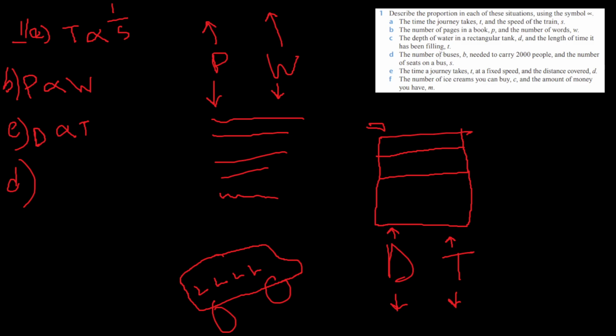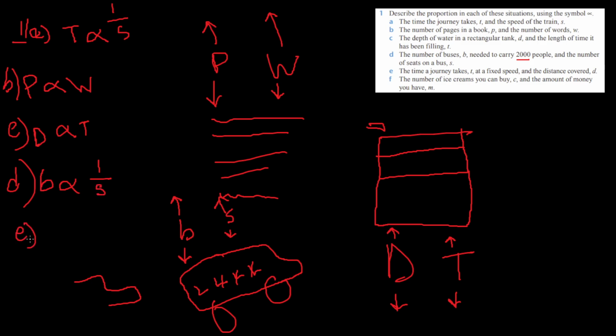Our two points are B and S. If we reduce the amount of seats, we will need more buses since there are 2,000 people. So if we decrease the amount of seats, we need more buses. And if we decrease the amount of buses, we'll need more seats to carry 2,000 people. So we can just say this is indirectly proportionate. So B is indirectly proportionate to 1 by S.